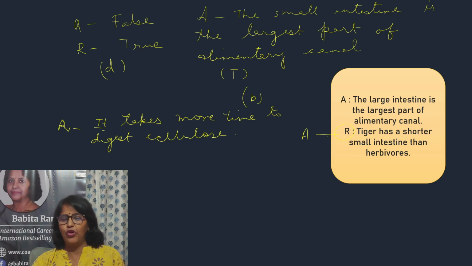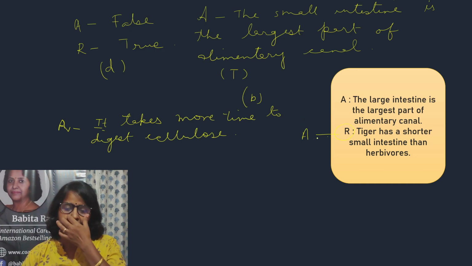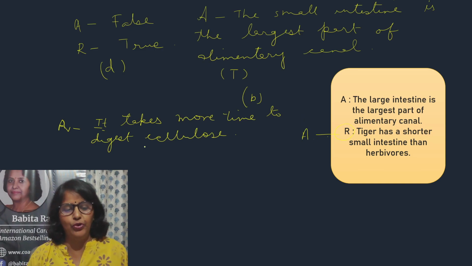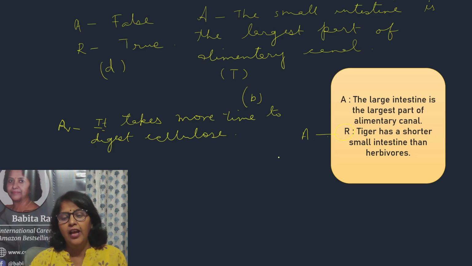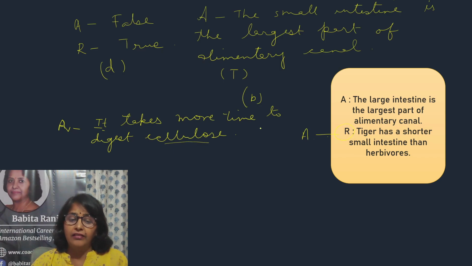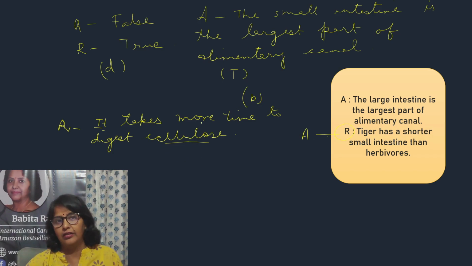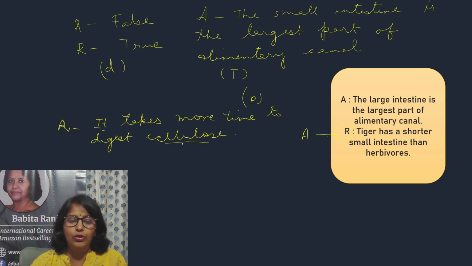Tiger has a shorter small intestine than herbivores. Let me make it the assertion, and the reason is it takes more time to digest cellulose. Why do they have a shorter small intestine? Because they do not eat cellulose which is present in plants, and they can digest everything that they eat with a shorter small intestine. The organisms who eat plant or plant parts, that means herbivores, they require a longer intestine to digest cellulose. So here the answer will be A.